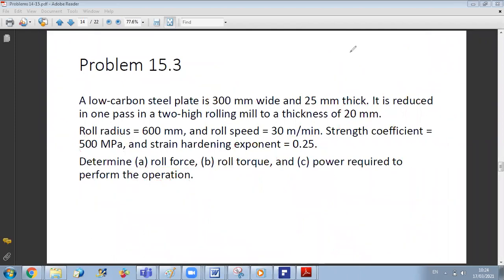Once I find my force, the next step is to calculate the roll torque. When they say roll torque, it's the torque per roll. The torque per roll, by definition, is equal to 0.5 times the force calculated times L, which is the contact length. If F is in Newton and you keep L in millimeter, you will get your torque in Newton millimeter.